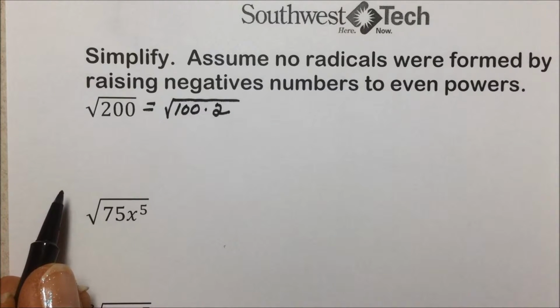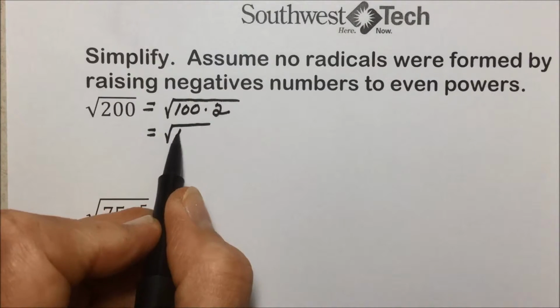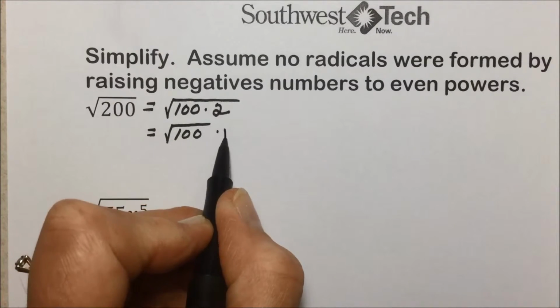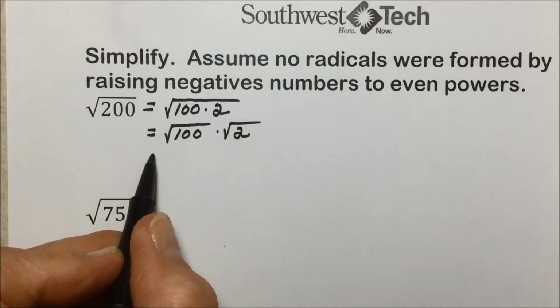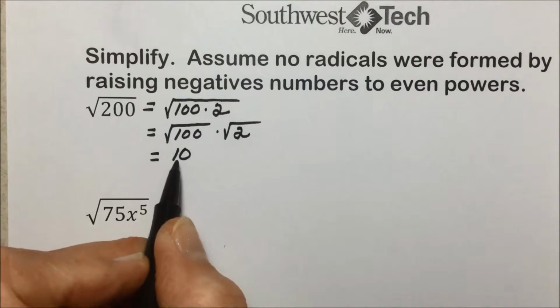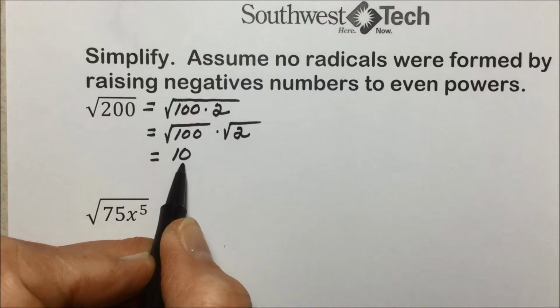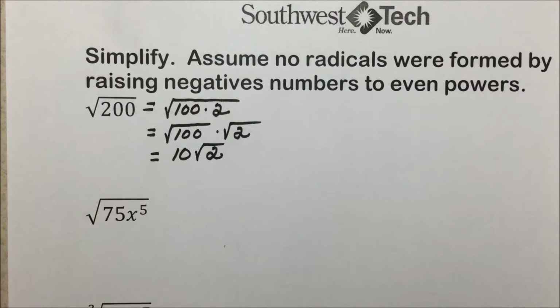Then, using the product rule, we can break this into the square root of each of those factors and simplify it from there. The square root of 100, since it is a perfect square, since 10 times 10 equals 100, we can replace with 10 and leave the square root of 2 as is, since there is only one 2. This is known as simplified radical form.